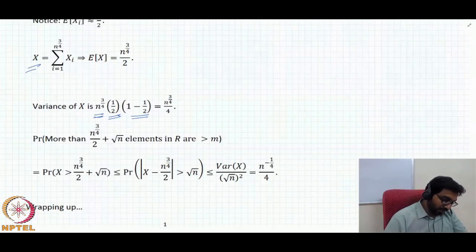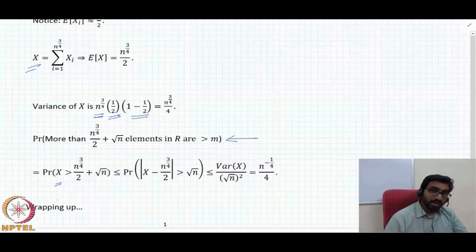So that's this probability that we have over here, and that probability can be phrased using the notation that we have built. That probability is equal to the probability that the random variable X is greater than n to the 3/4 divided by 2 plus square root of n.